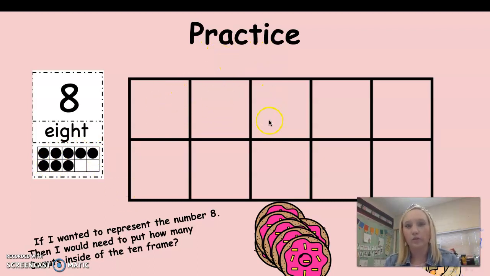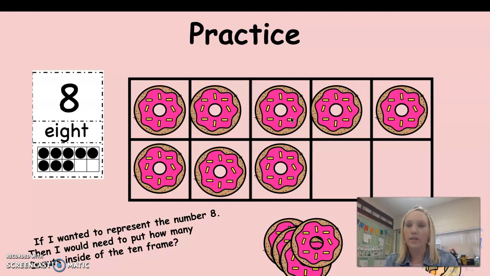And you should be filling in your 10 frame with how many donuts? 8. So you just represented the number 8 using your 10 frame.